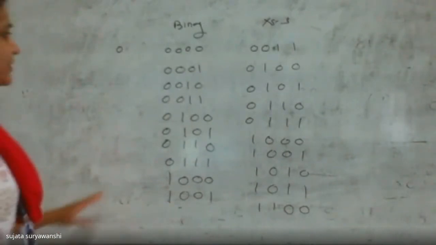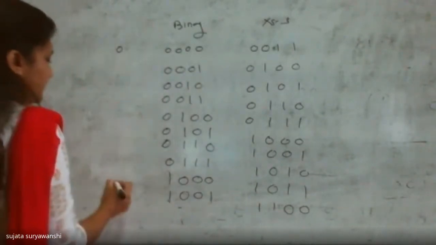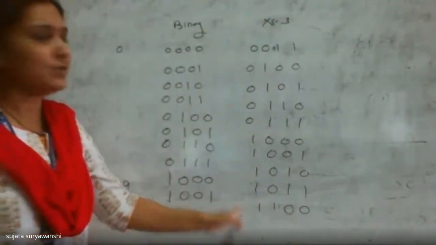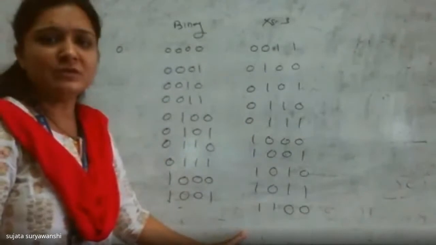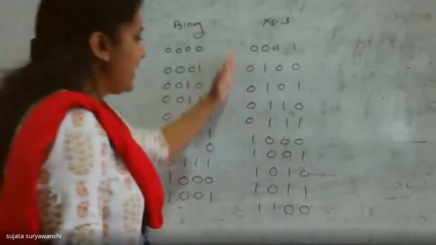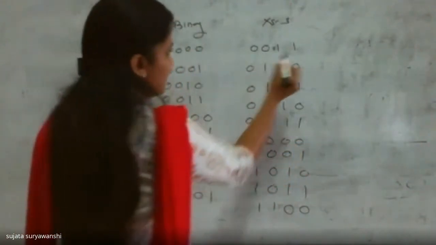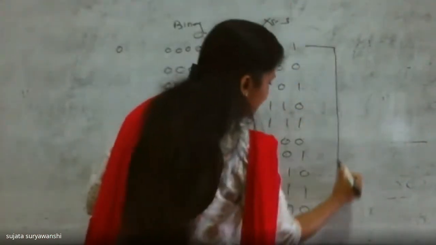Okay, so this is the binary from 0 to 9 and these are the excess 3 equivalents of binary from 0 to 9. When you look at this table, just consider the first entry and the last entry.